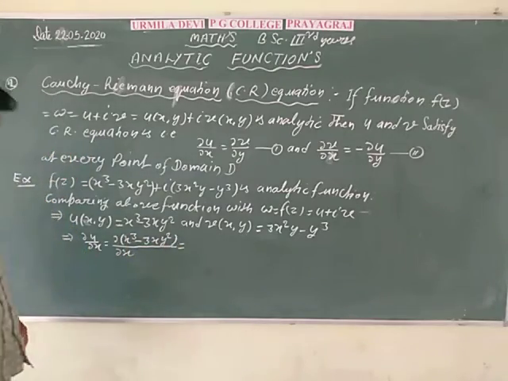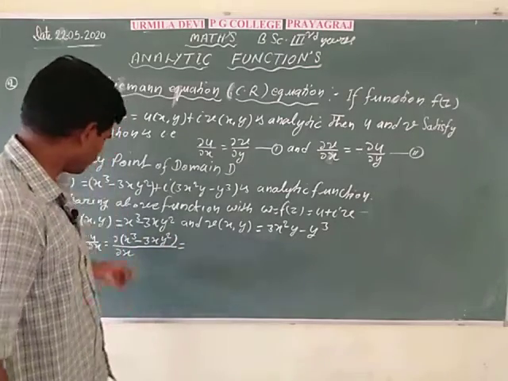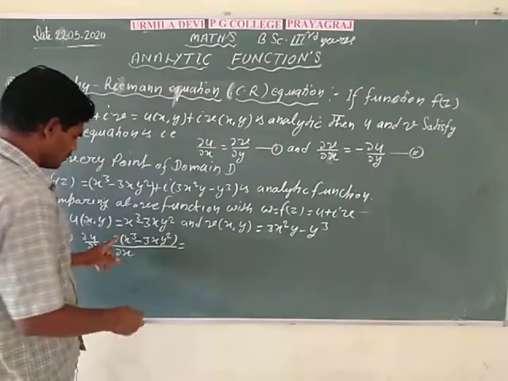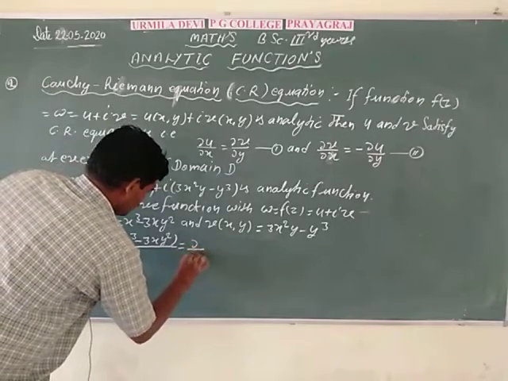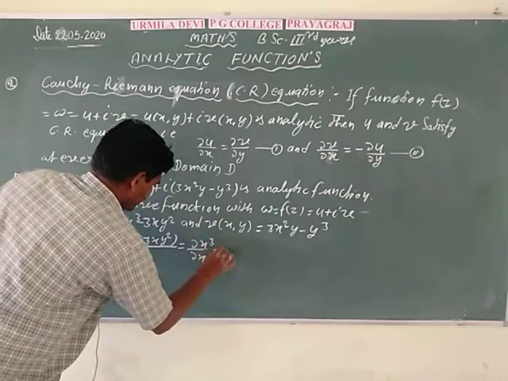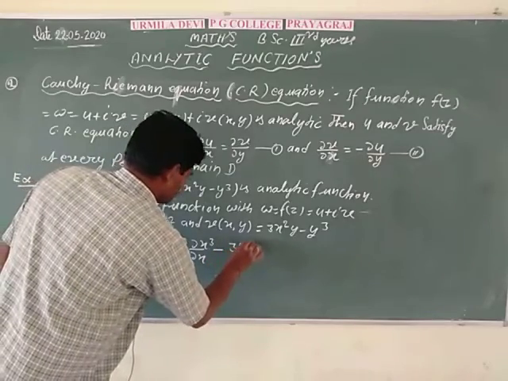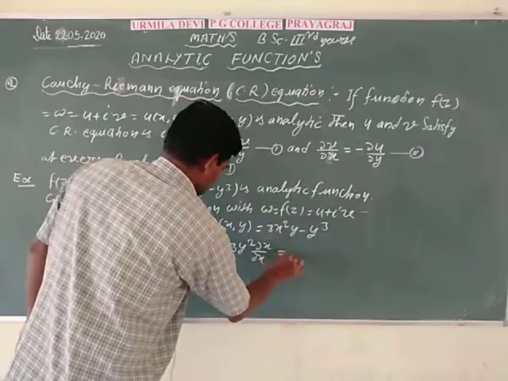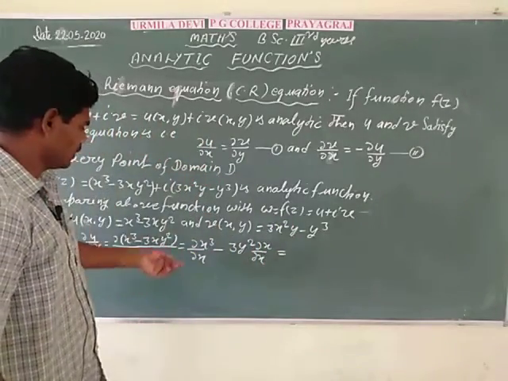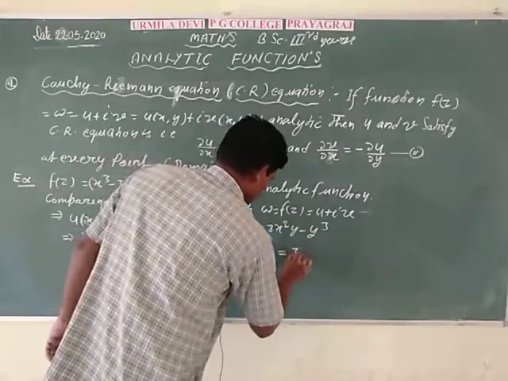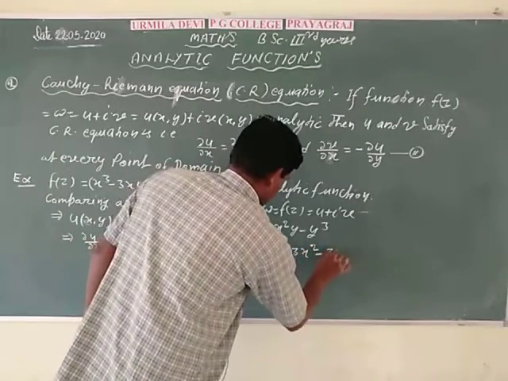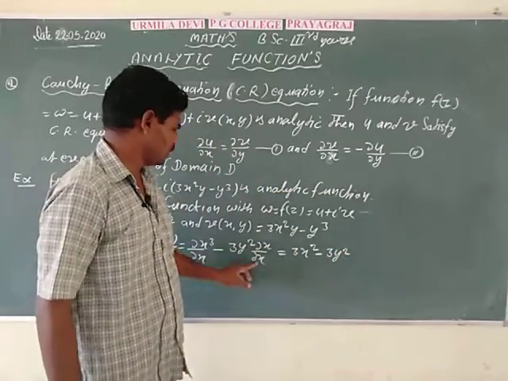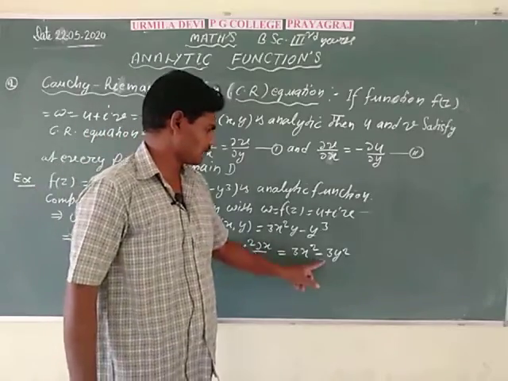Taking the partial derivative with respect to x, y and 3 are constants. So it is del by del x of x cube minus 3y square times del by del x of x, which is equal to 3x square minus 3y square, because the differentiation of x with respect to x is 1. So the total is 3x square minus 3y square.